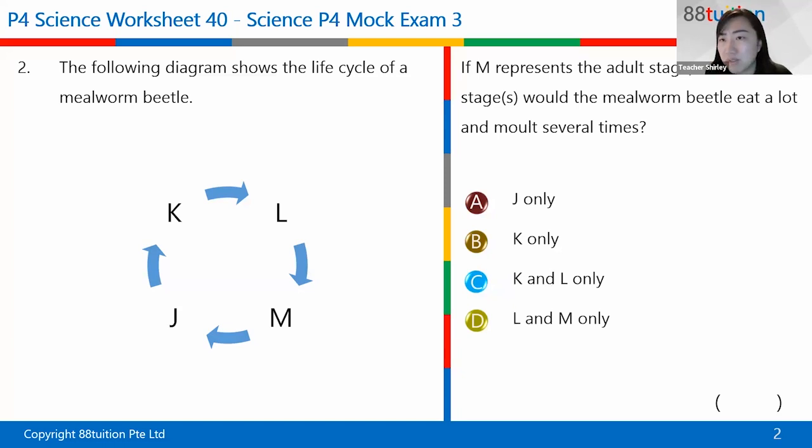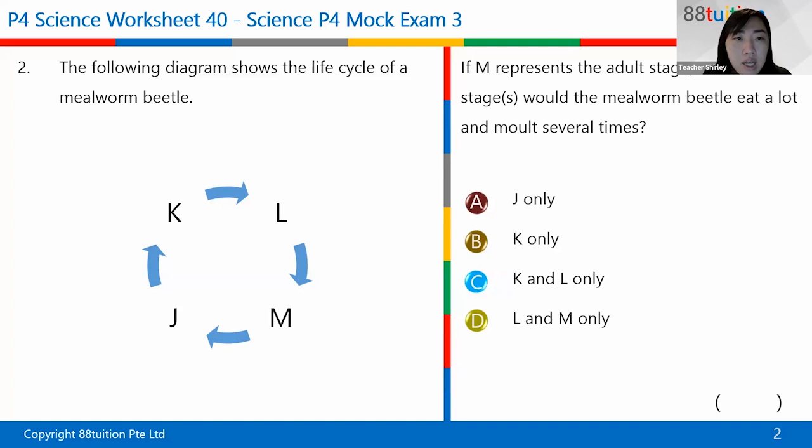Because you're P4 this year, I think you're still following the old syllabus, so usually you do it in P4. But either way, no matter what, it is still a topic that will be tested for PSLE. So no changes. It's just whether you do it in P3 or P4.